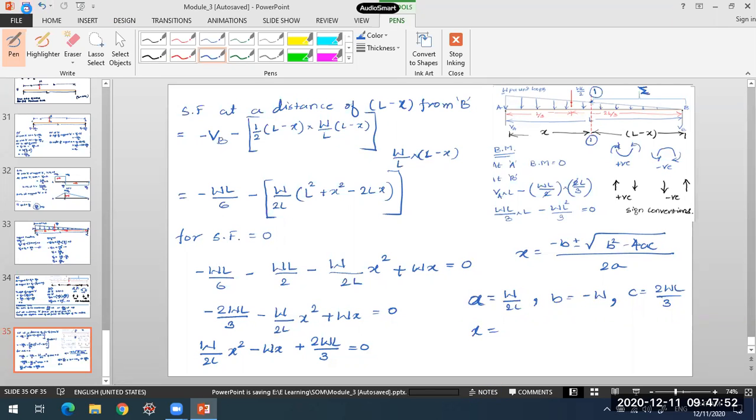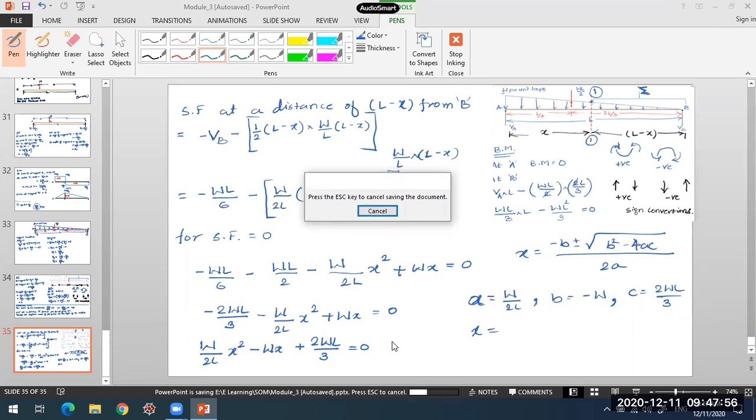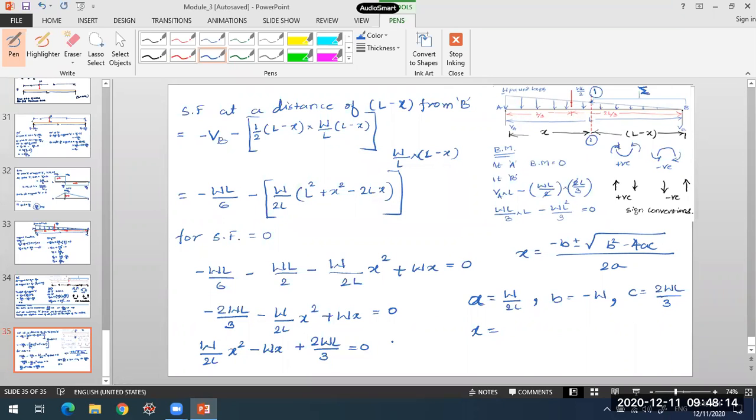Solve this equation and tell me what x will be. Substitute for A, B and C in that one and see what value of x you get.